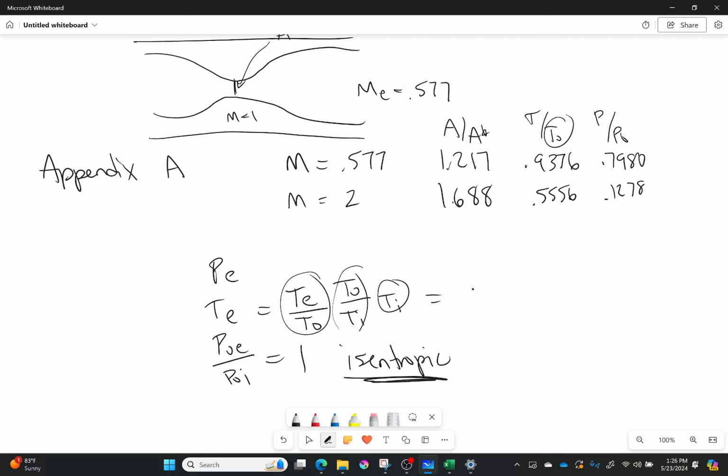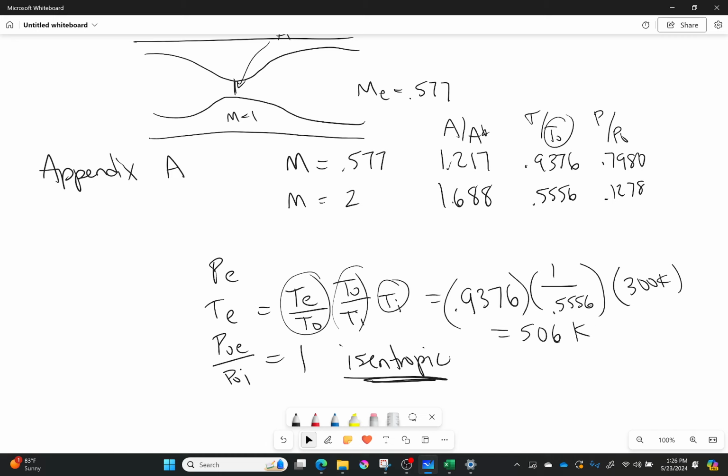So that means I have 0.9376 times 1 over 0.5556. And then I multiply that by T inlet, which is, let's see here, T inlet is going to be 250 Kelvin, was that right? No, it's 300 Kelvin. And so that gives me a T exit of 506 Kelvin.